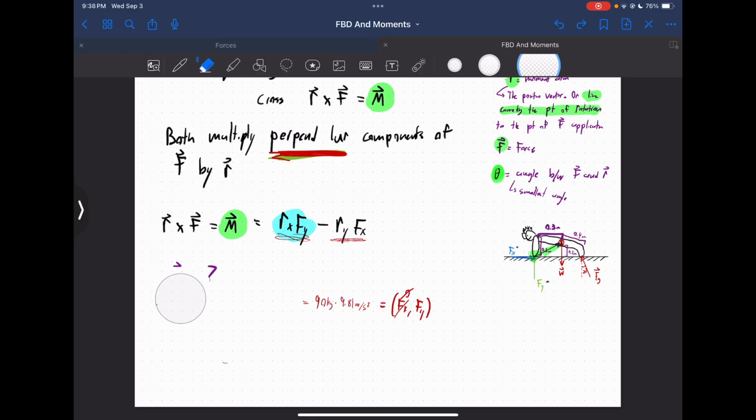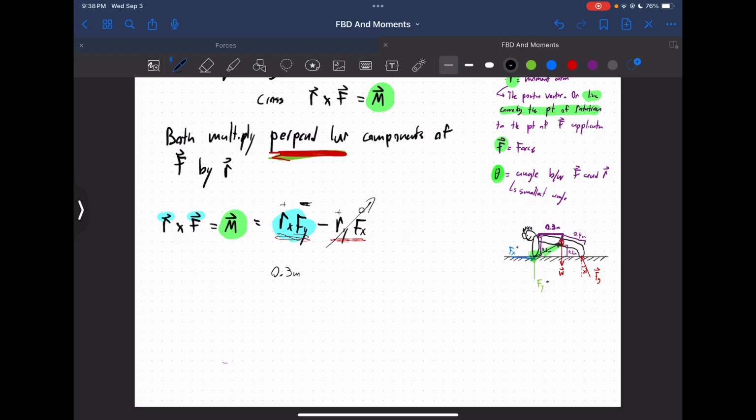And if we were to plug this in, since we have these vector hats, we need to make sure everything is the right direction. So we know Rx is positive, Ry is positive, Fy is negative, and Fx is 0. So we really have 0.3 meters times negative 90 times 9.81 newtons.